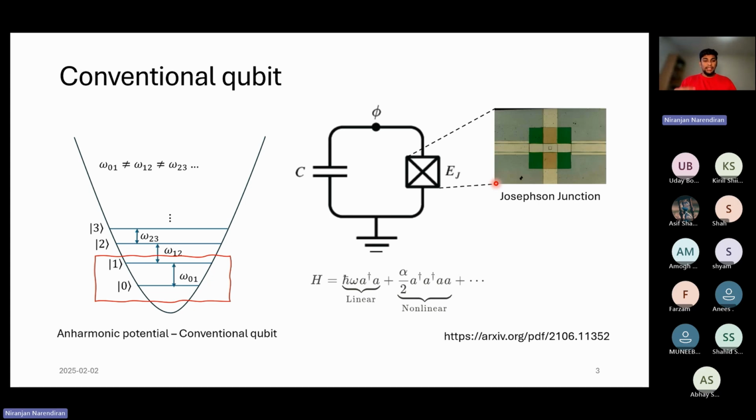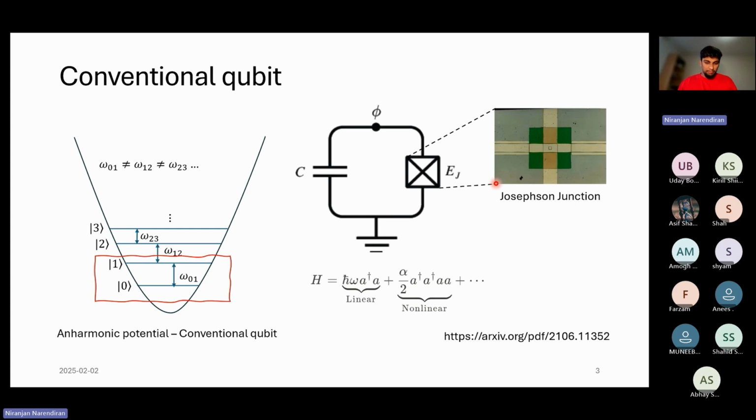This creates an effect in its potential. So now a harmonic potential, due to this nonlinearity, becomes an anharmonic potential. That is, the energy levels are not equally spaced anymore. Because of this, we can isolate the lowest two-level system, 0 and 1, and sometimes 0, 1, and 2, depending upon the criteria, and we call them a qubit.